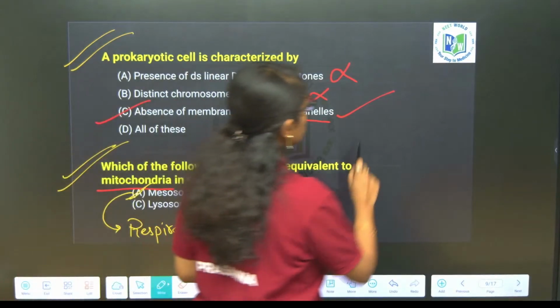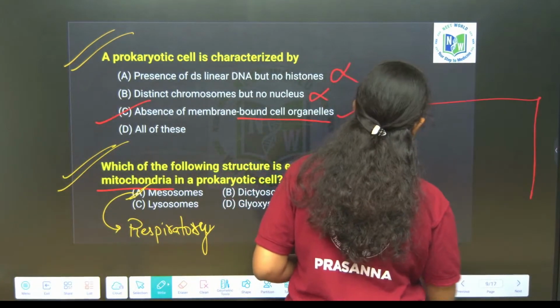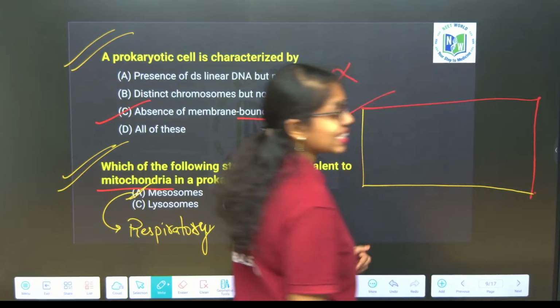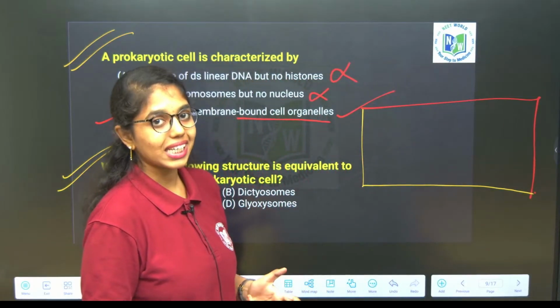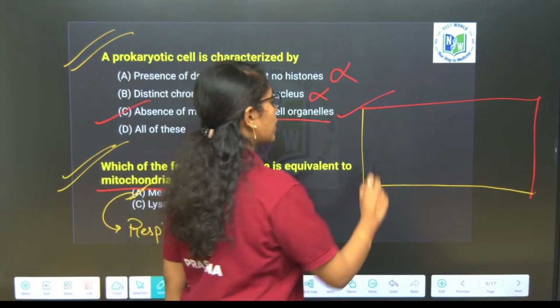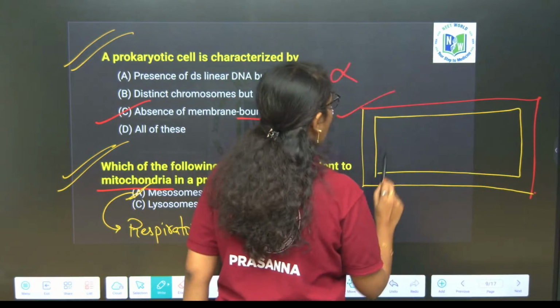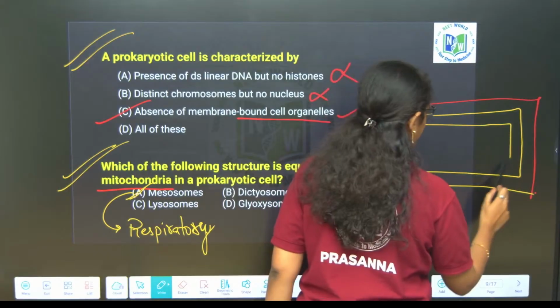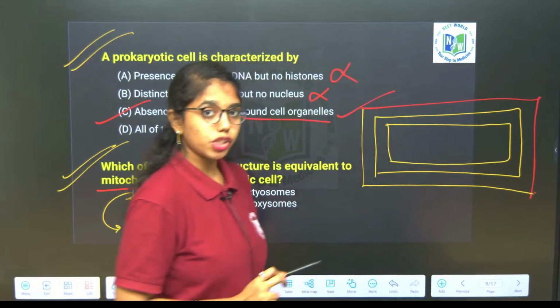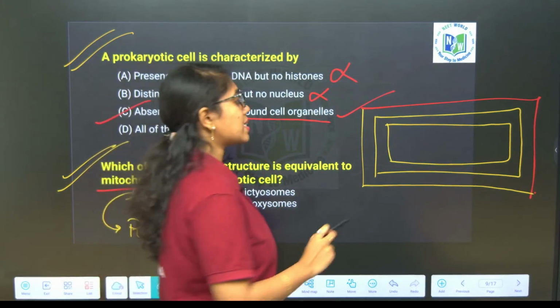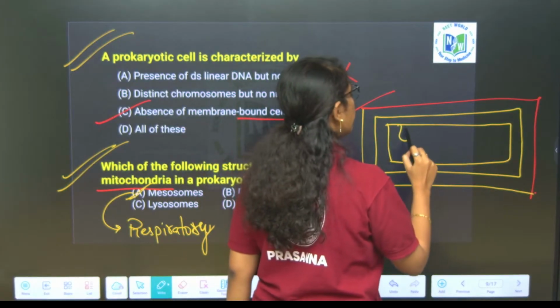Let me give you a small clarity. The outermost layer of the cell envelope in a prokaryotic cell is what? Glycocalyx, and then the cell wall, and then the cell membrane. The cell membrane extensions towards the cytoplasm are mesosomes.